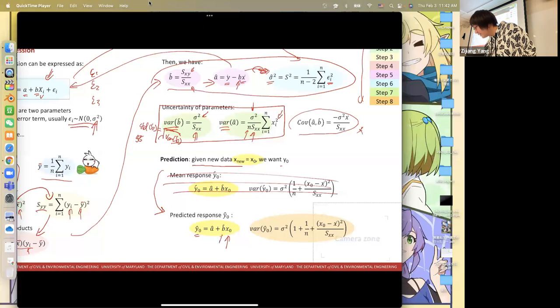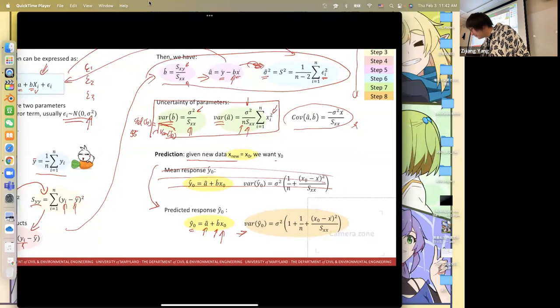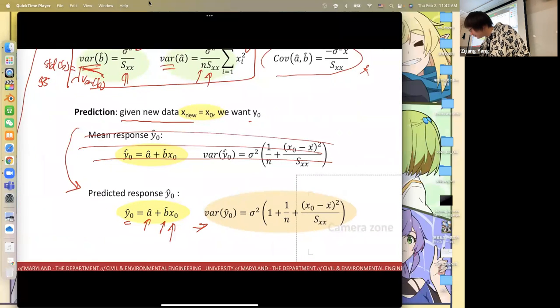We already know b and a, then we can know y0. And the uncertainty of y can be calculated by this one. Again, this is x bar. So x bar is known, x0 is known, SXX is known, N is known, sigma is known. So everything is known, and we can calculate this one.